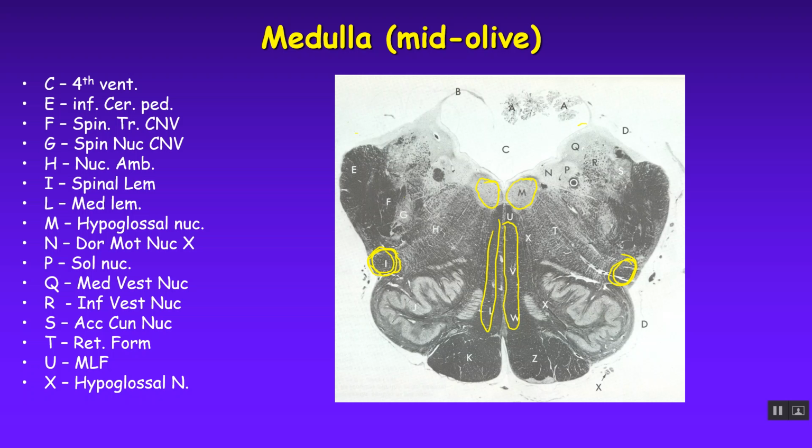Because remember, during development of the body, in our spinal cord we have an anterior horn, which is more motor, and a posterior horn, which is more sensory in nature. As the back part of your brainstem opens up, because the cerebellum grows back there and kind of fillets open the back part of your brainstem, those columns of cells, the anterior horn and dorsal horn, become cranial nerve nuclei that tend to break up.